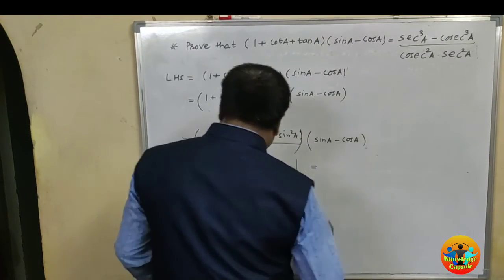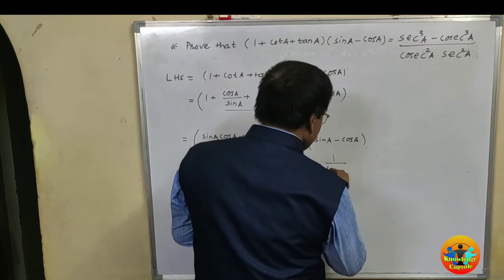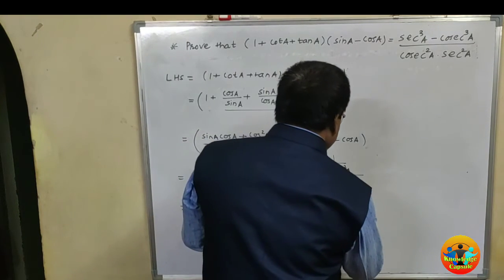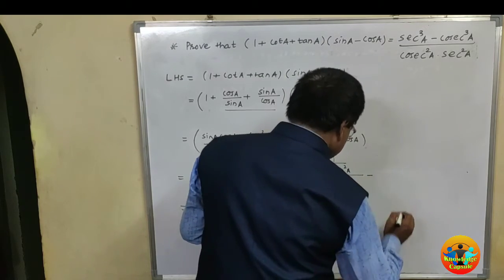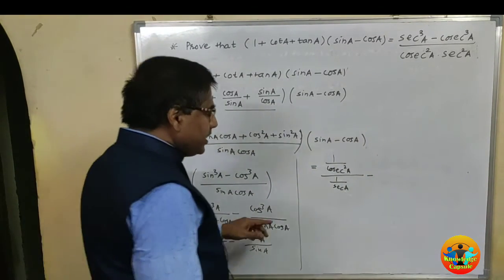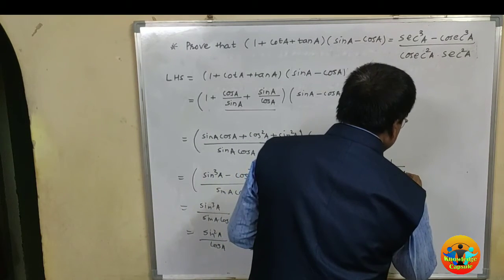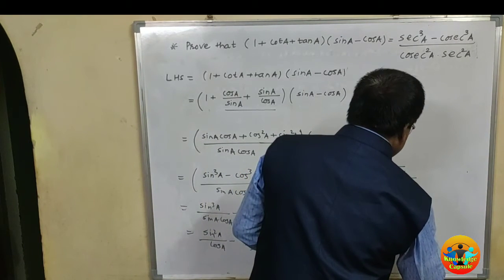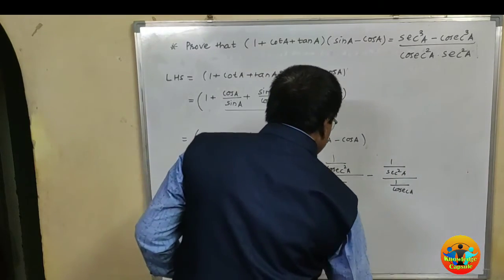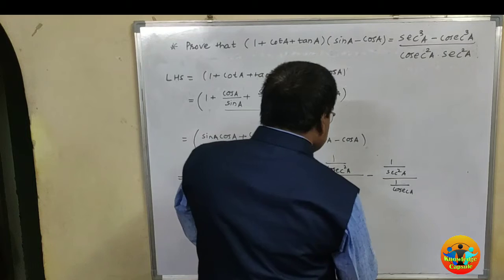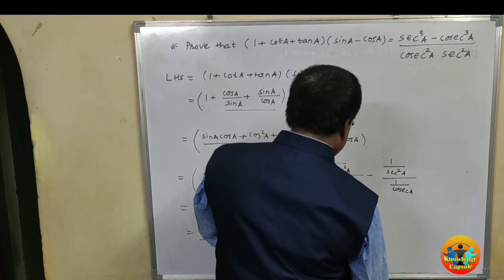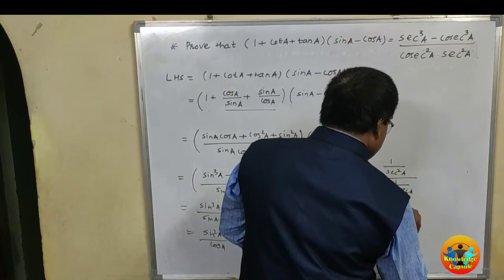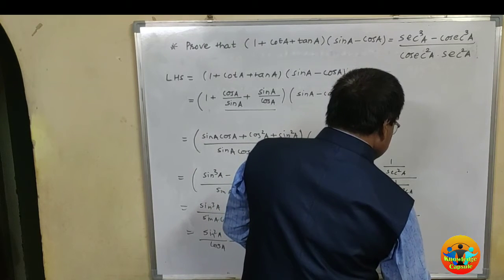Therefore this can be written as 1 by cosec square A upon 1 by sec A, minus 1 by sec square A upon 1 by cosec A. Now this will be sec A upon cosec square A minus cosec A upon sec square A.